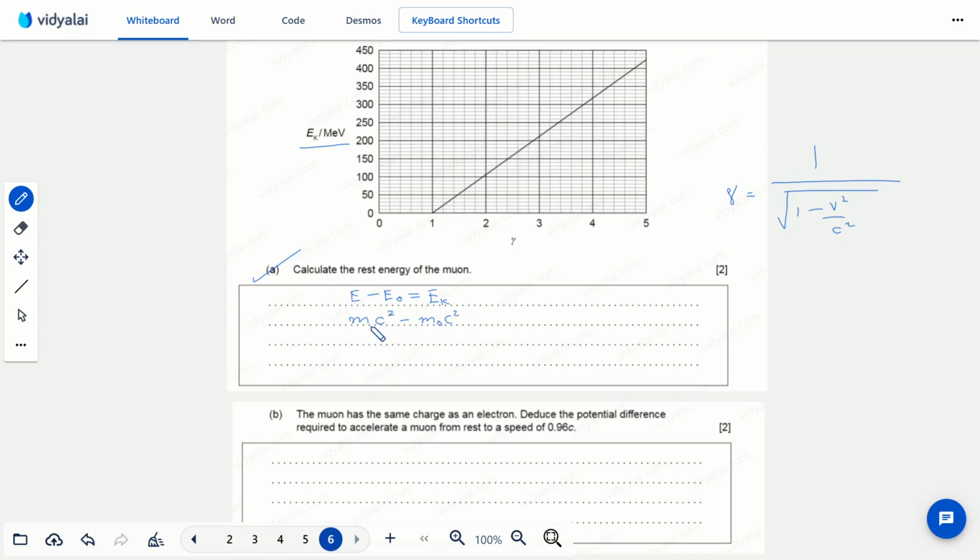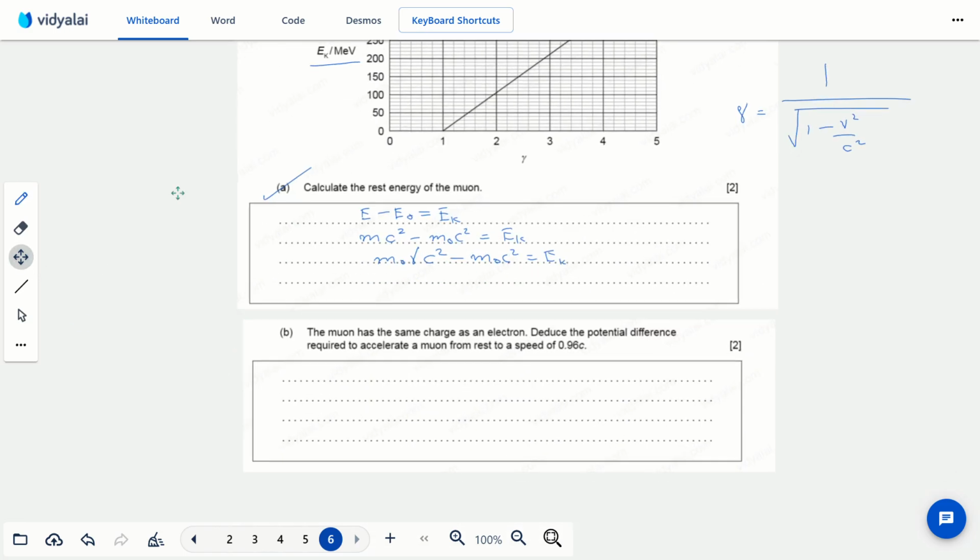So m is our relativistic mass and m0 is our rest mass, and the relativistic mass can be expressed in terms of the rest mass and the gamma factor as m0 times gamma. Factoring out m0 c squared, I get gamma minus 1 is equal to Ek.